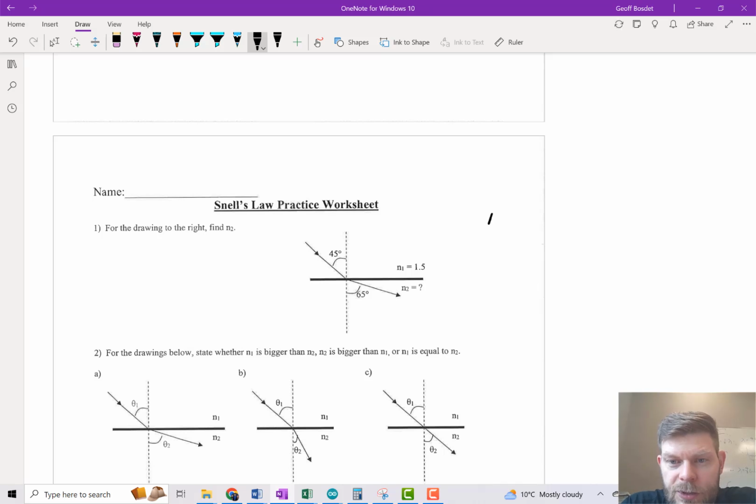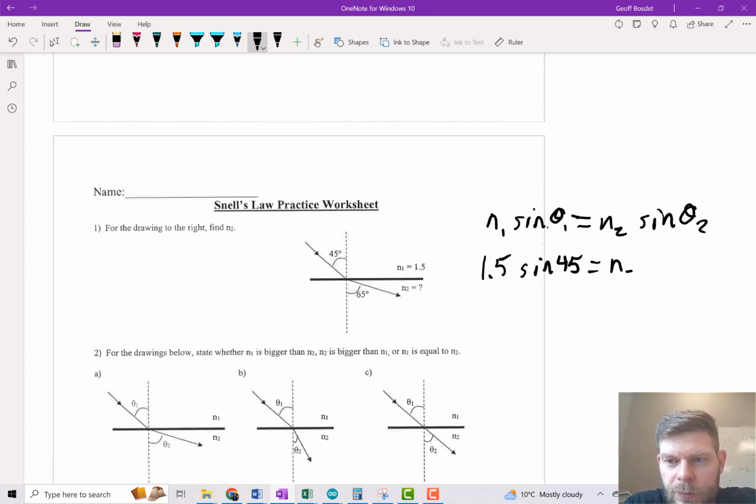Anyway, so you can just do n1 sine theta 1 equals n2 sine theta 2. And so it would just be like 1.5 is the index we start in. Sine 45 equals the index we're looking for times sine 65.